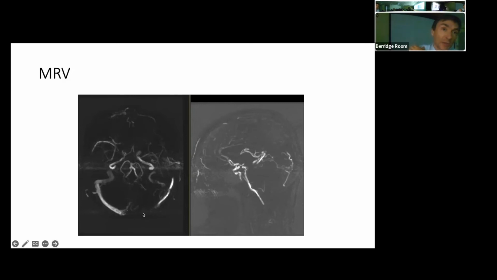It's hard to know if that's related to slow flow, and some of this could be an artifactual flow gap, or there could be some thrombus extending into that transverse sinus. Okay, so that's just a quick run through the signal intensity of thrombus on MR and the density on CT.